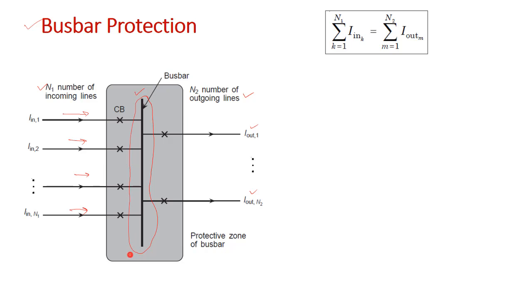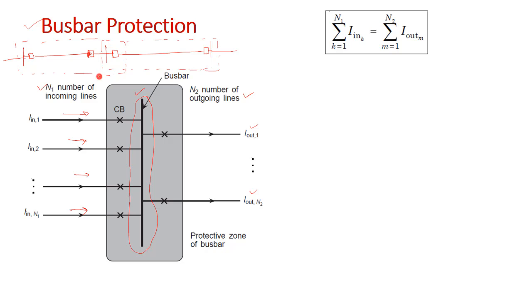When the busbar is connected, suppose we have this kind of arrangement, this is how the lines are being protected, right? At both ends we have a circuit breaker and relay arrangement, which protects the line. This is the protection zone of the line. This is also connected somewhere, and for this line the protection zone is this.